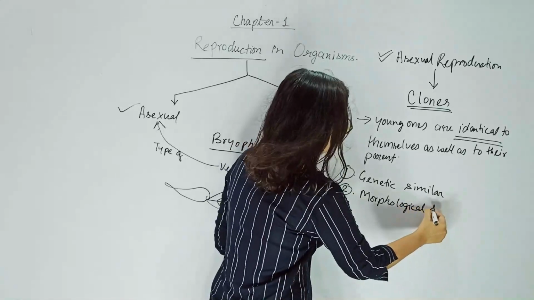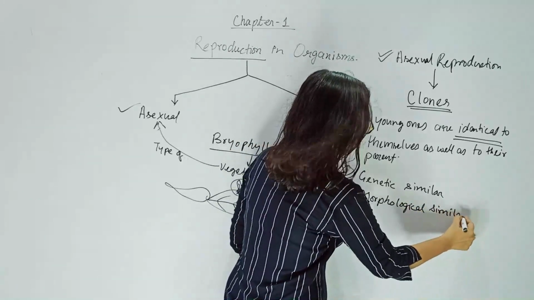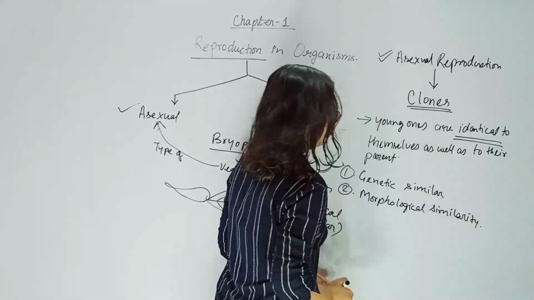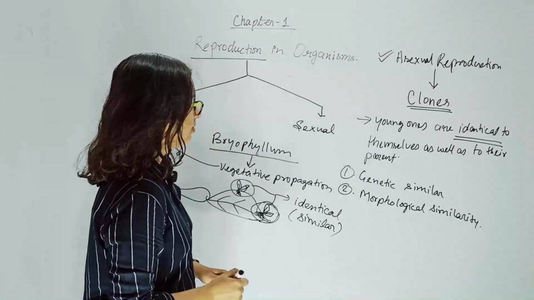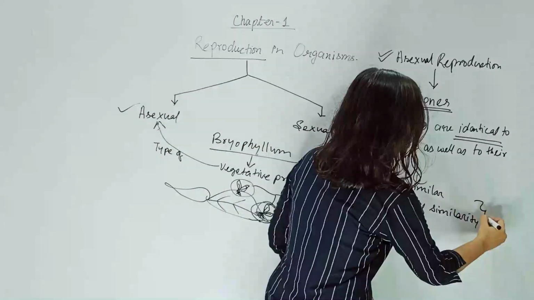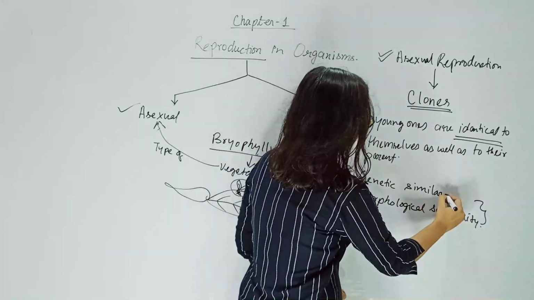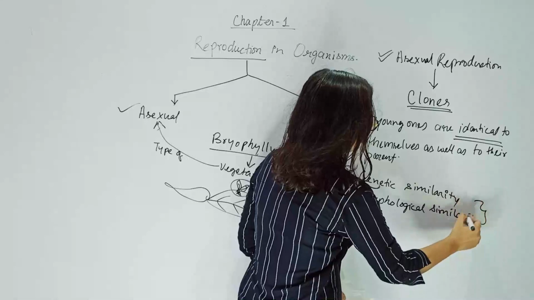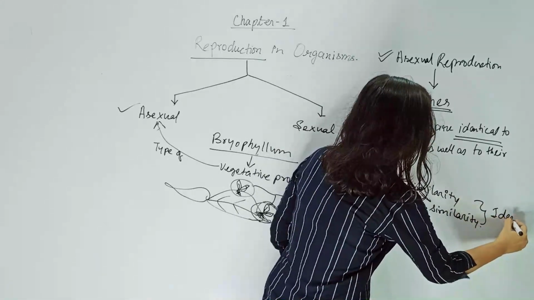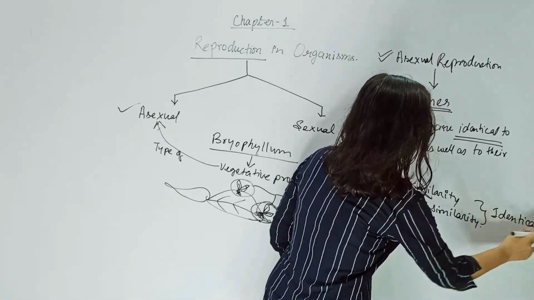If individuals are genetically similar as well as morphologically similar, those two individuals will be termed identical.